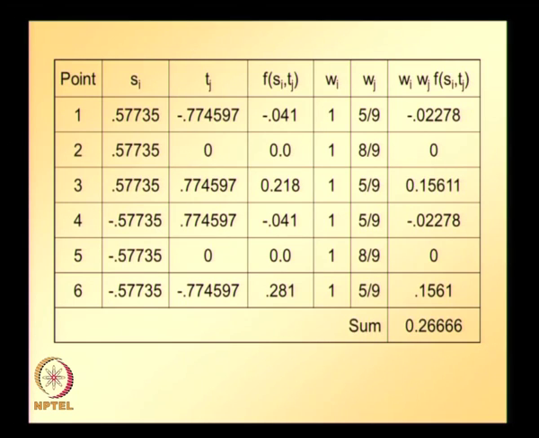Again, as in the previous cases, if we sum up the values corresponding to all the 6 points, 1 to 6, appearing in the last column, we get the estimate of the integral, and so the integration results in 0.26666, and the exact solution also is going to be the same.